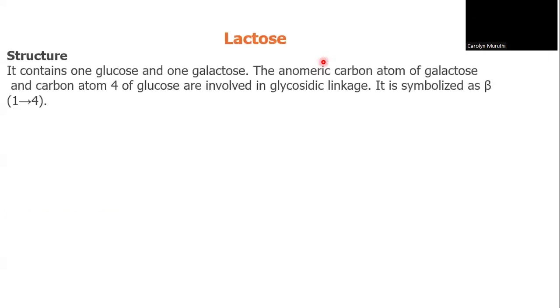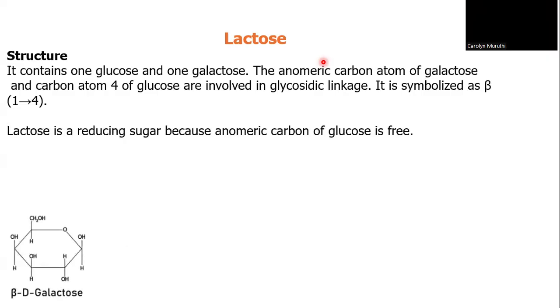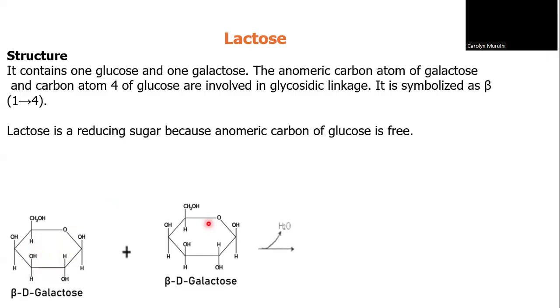Looking at lactose, now lactose contains 1 glucose and 1 galactose molecule. And here we see that the anomeric carbon atom of galactose and carbon atom 4 of glucose are involved in the glycosidic linkage, and therefore it is symbolized as a beta-1,4 linkage.